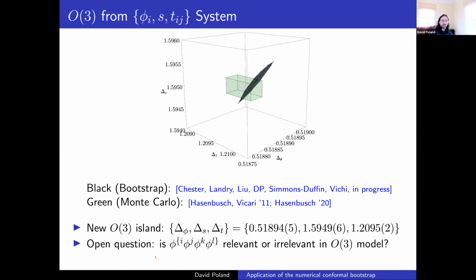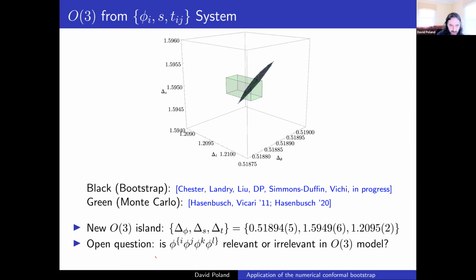So this comes back to the question of how we can probe other operators in the spectrum beyond the ones that we throw in as external operators to the 4-point functions. As I said, there are these two approaches. There's this extremal functional approach where you can come up with estimates of the scaling dimension of this operator. And there's also a more rigorous approach where you could move around in this island and try to place a rigorous bound on the scaling dimension of this operator.